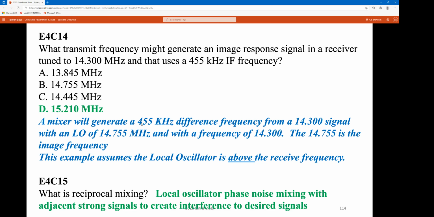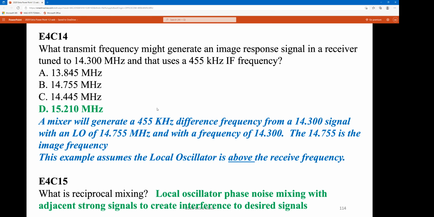And that's 755. Right, so if you add 455 to 14,755 and another 455, it should be 15,210. Correct, yes.